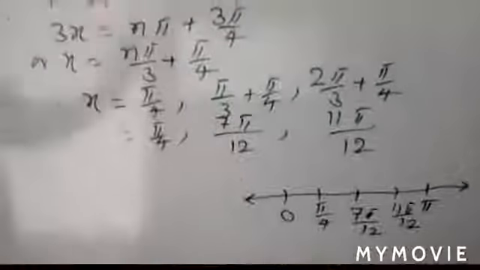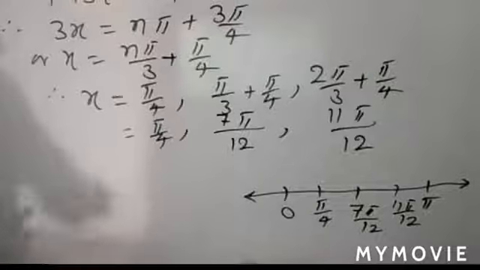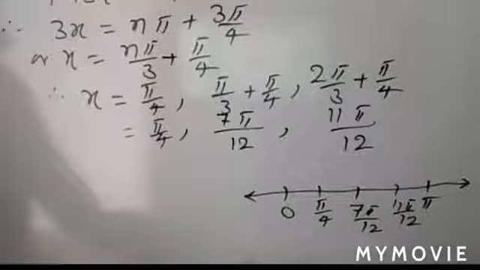In this way you write it on the number line. Now you have to check the sign of only one of the extreme intervals.